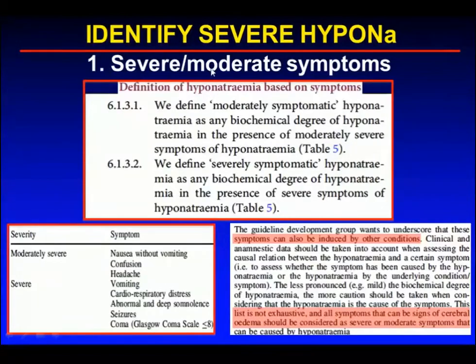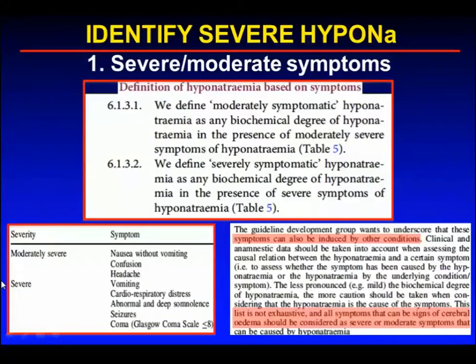So the definitions are: we first consider the severity of symptoms, and we define moderately symptomatic hyponatremia as any biochemical degree of hyponatremia in the presence of moderately severe symptoms of hyponatremia.